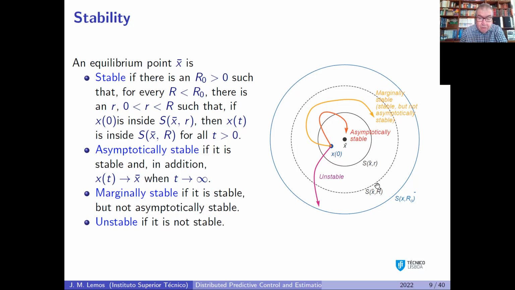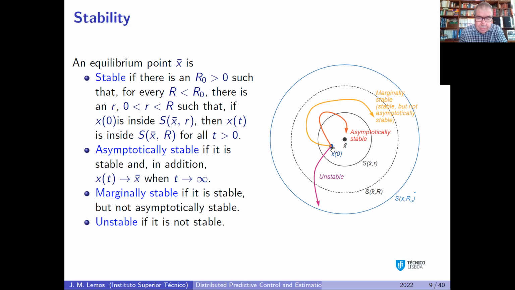And if this happens for any larger ball, then I say that the equilibrium point is stable at least. Now, any question? Okay.